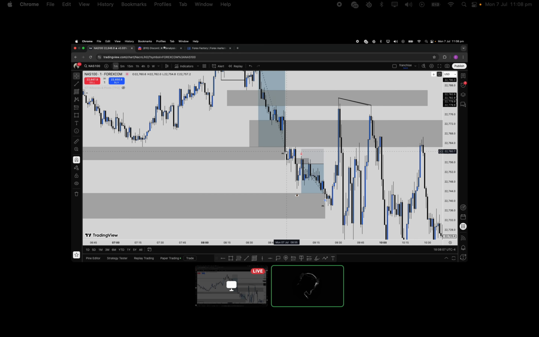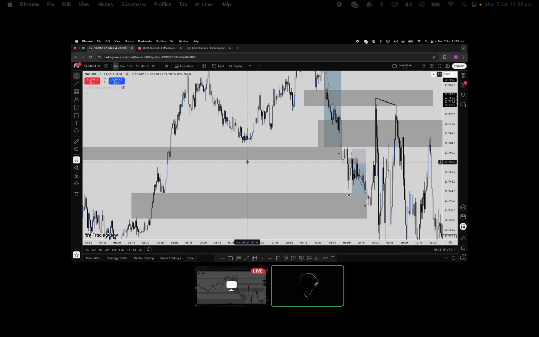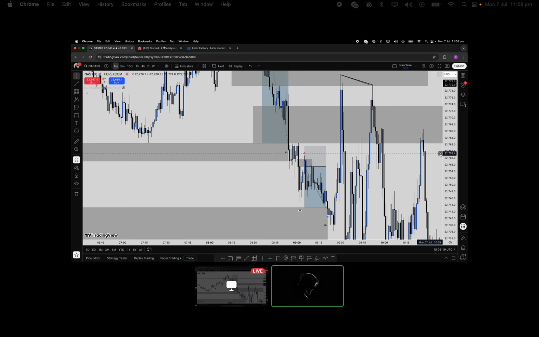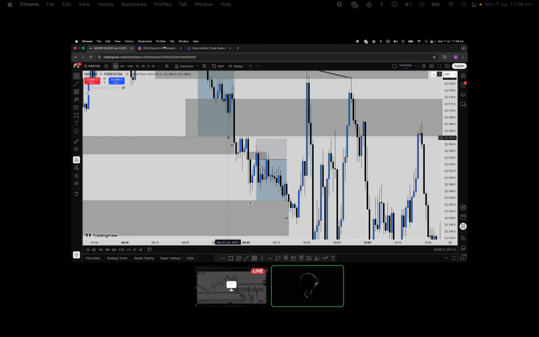As we meet the target, obviously it's not a complete target as it is mitigated, so we want to target an unmitigated area. As we drop lower, we take out this sell side liquidity and this sell side liquidity. If we want to return back to this low, we're going to go back up to IRL.